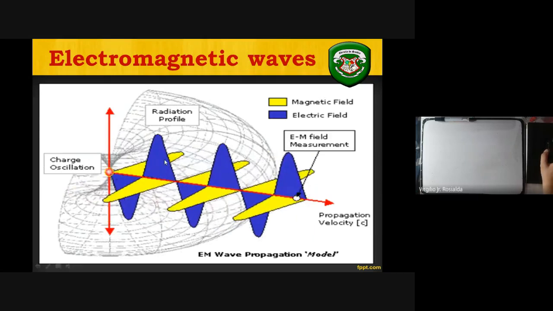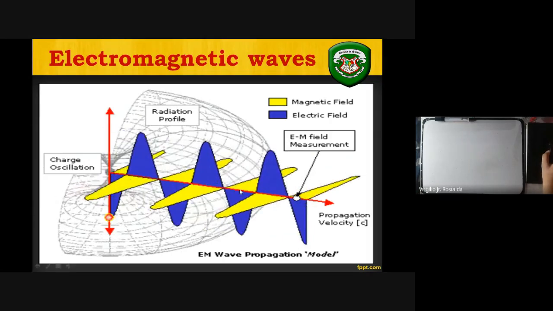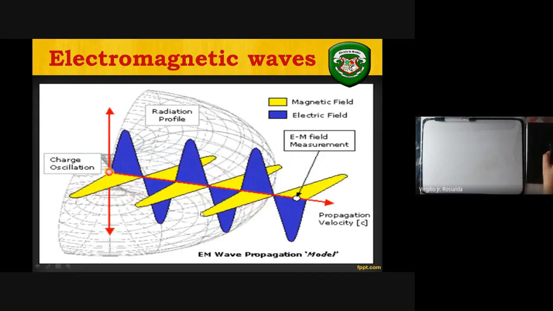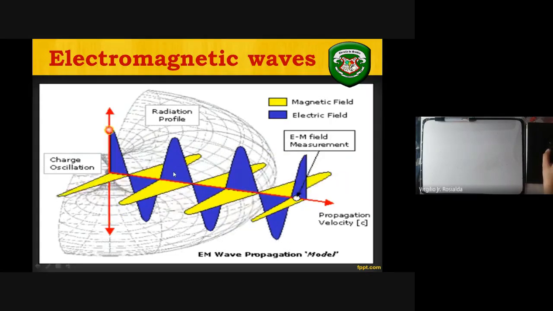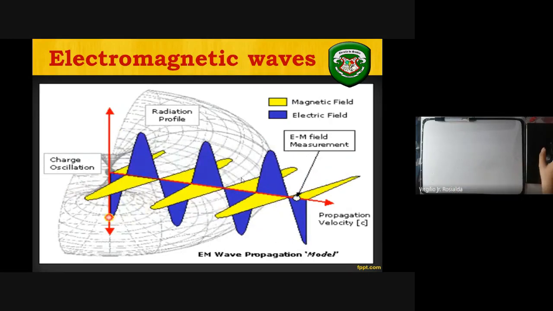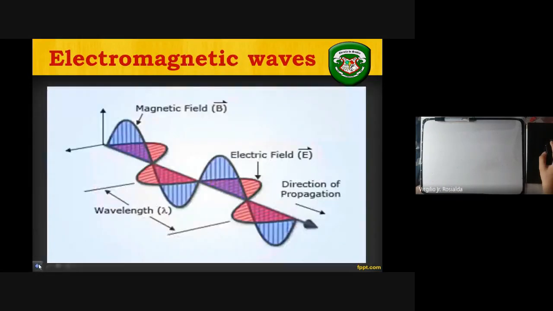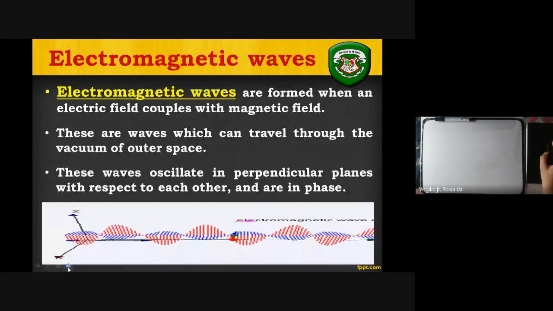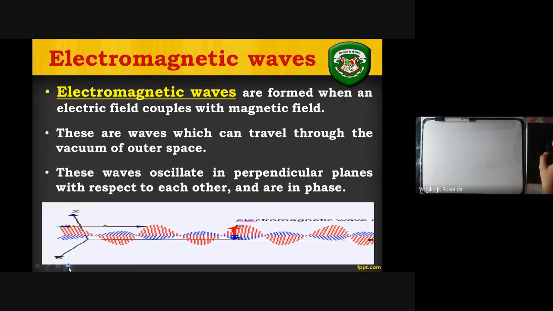Yung electric field naman dito is moving taas-baba, taas-baba, while yung magnetic field naman dito ay pahiga siyang nag-move. So technically, they are forming a 90 degree between magnetic field and electric field. So that's why they are perpendicular to one another. Okay, so let's go back. So that's how we describe how electromagnetic waves form. So parang ganito din siya.